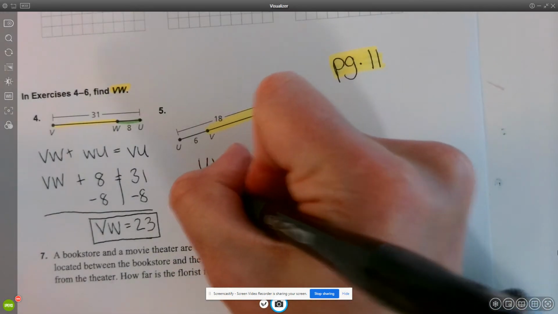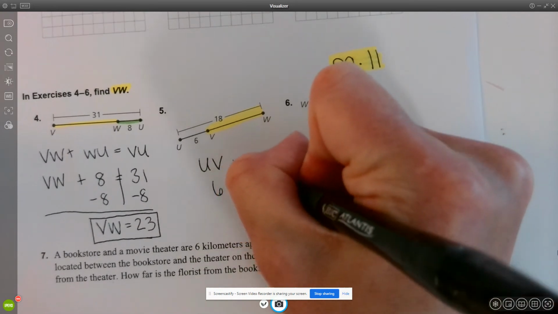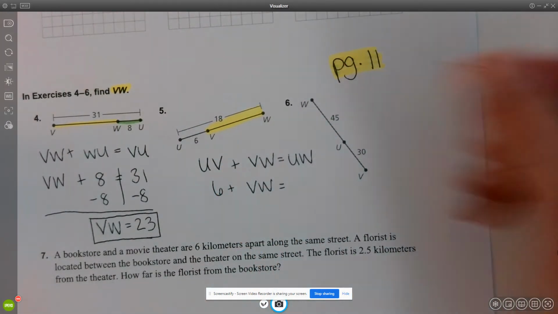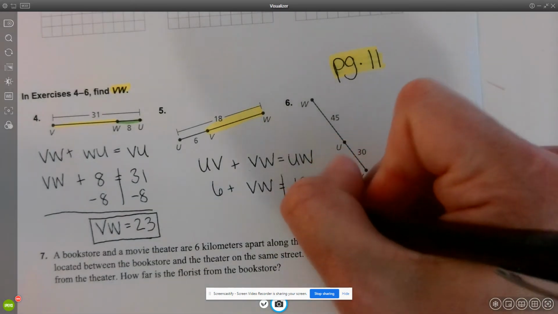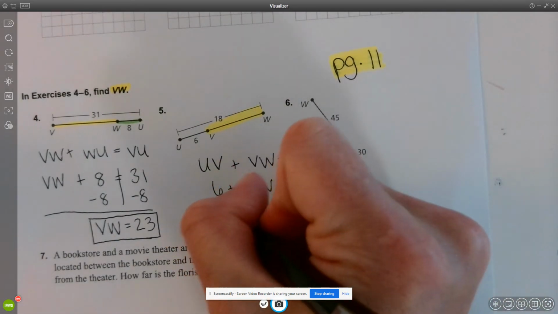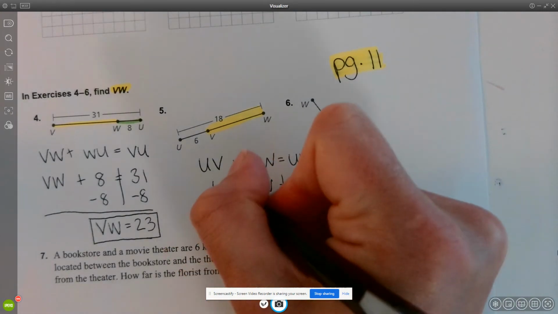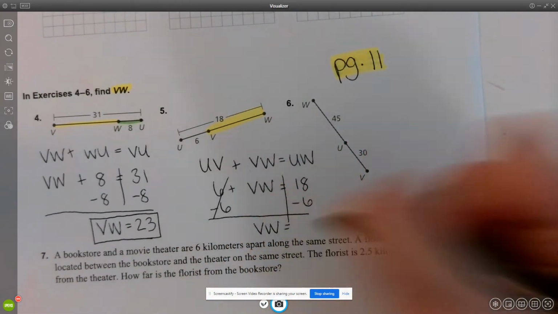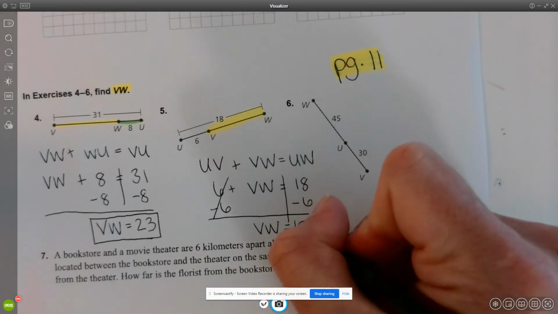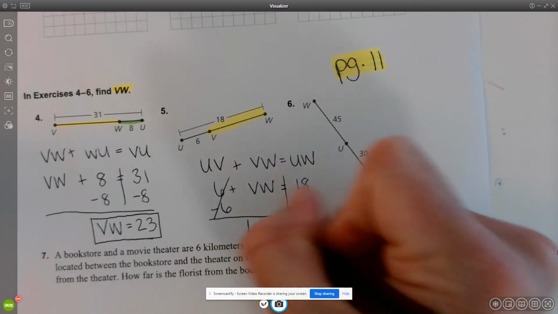UV has a length of 6, and UW has a length of 18. I'm going to subtract 6 from both sides to get that the length of VW is 12 units long.